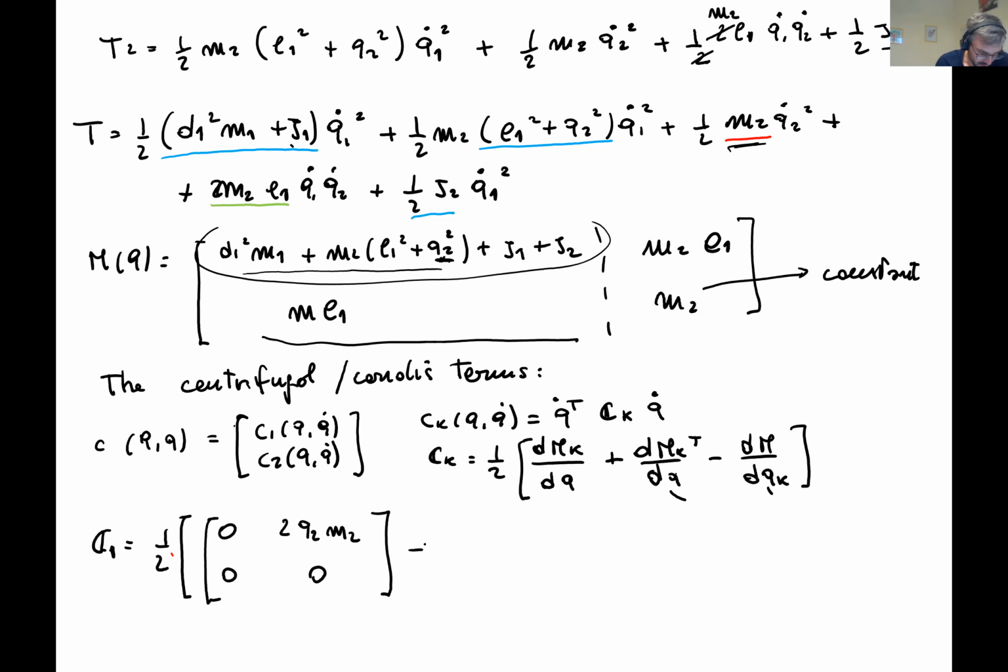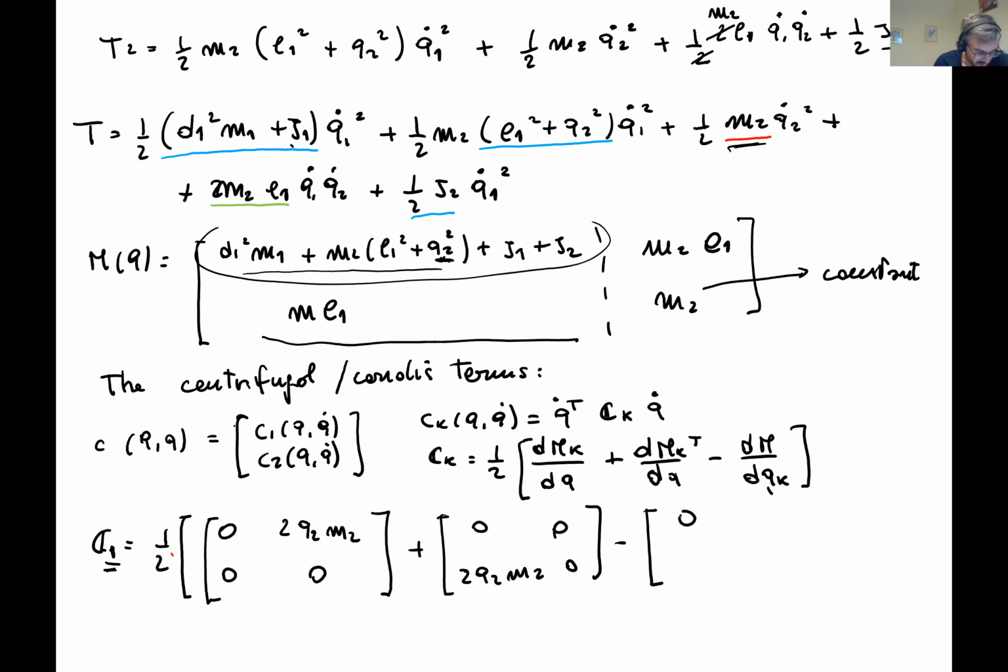The transpose is just the transpose of this, so this term goes on the bottom left. Minus the derivative of the matrix. So each entry of the matrix we differentiate with respect to what? To Q1, because it is the first term.